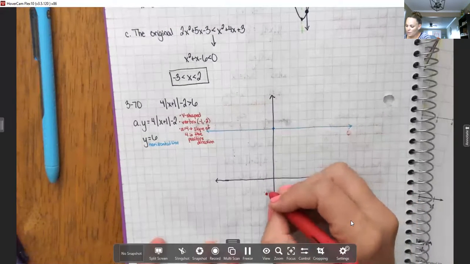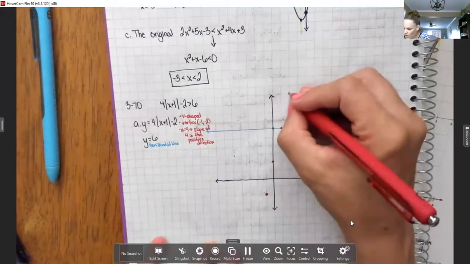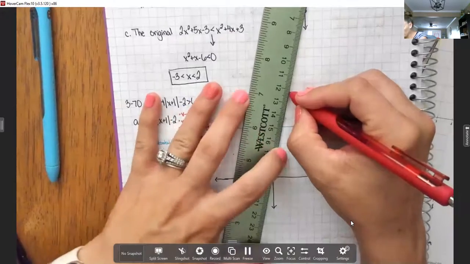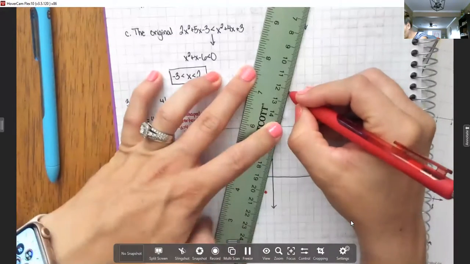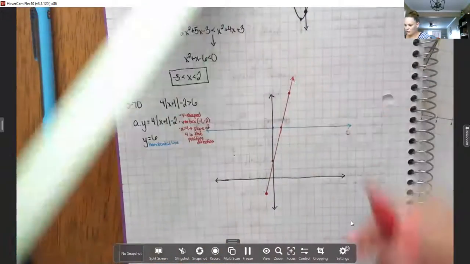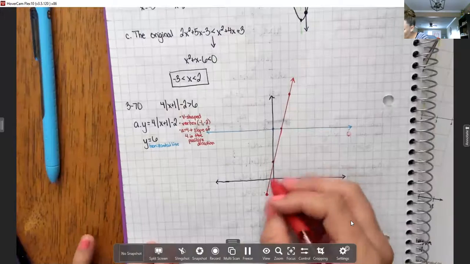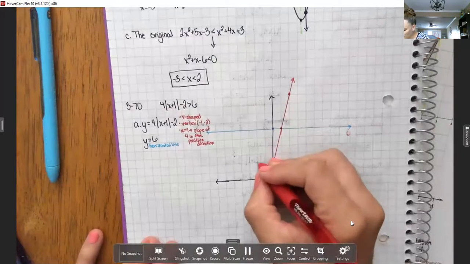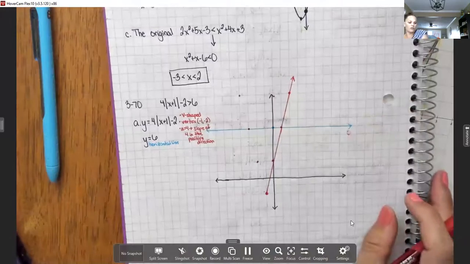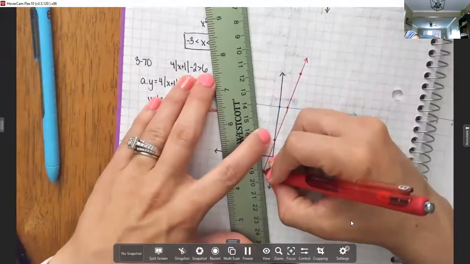So the slope of 4 means up 4 over 1, up 4 over 1, up 4 over 1. So that's the right side. And then we know this is the vertex, so it reflects. So it's up 4, left 1, up 4, left 1, essentially. It just goes the other direction. It's got to be symmetric.